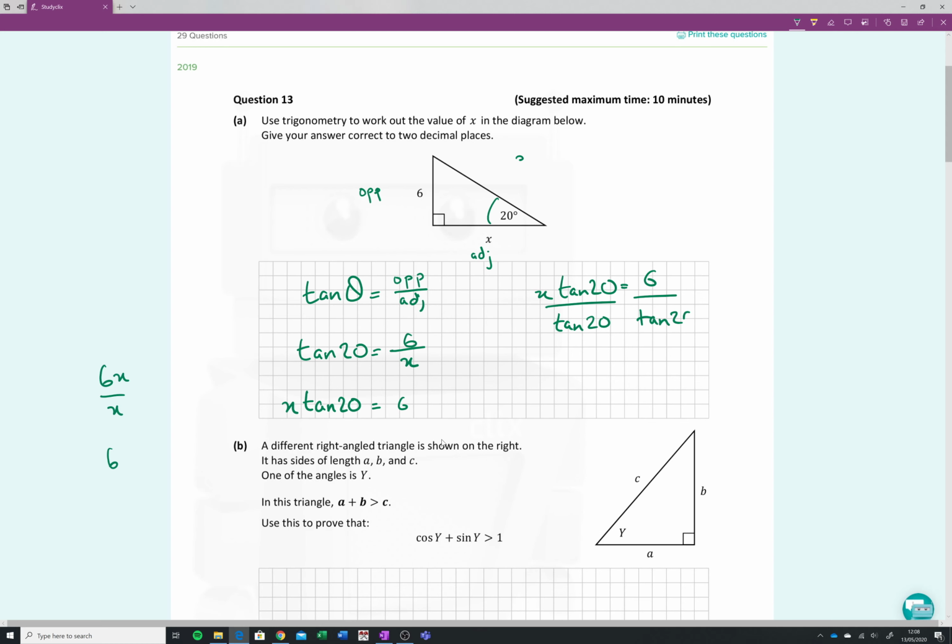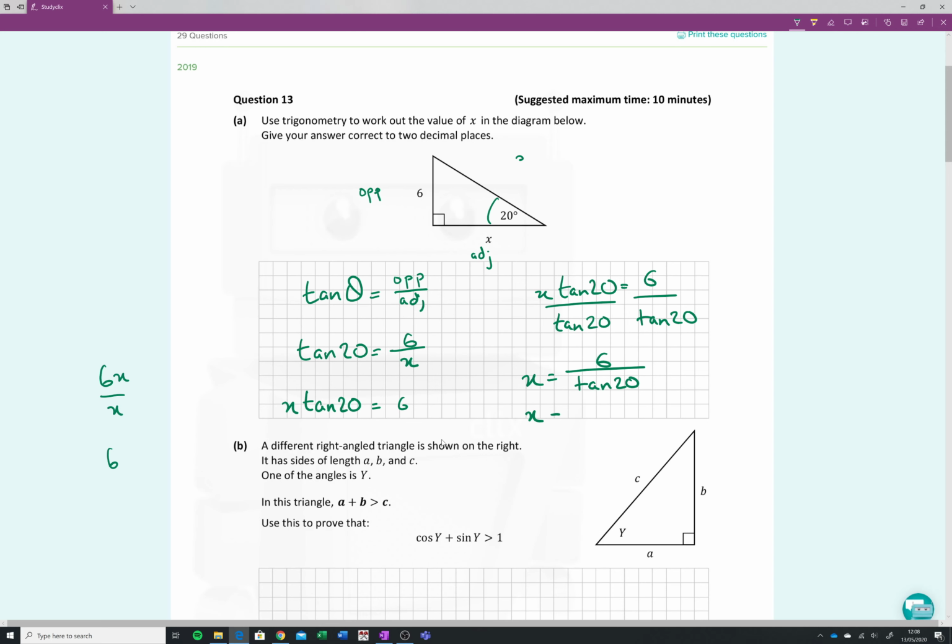So we get x is equal to 6 over tan 20, which is perfect. Okay, so let's go and do that. 6 over tan 20. Make sure you're in degrees mode. That's important. There are other modes on your calculator. So make sure it says D.